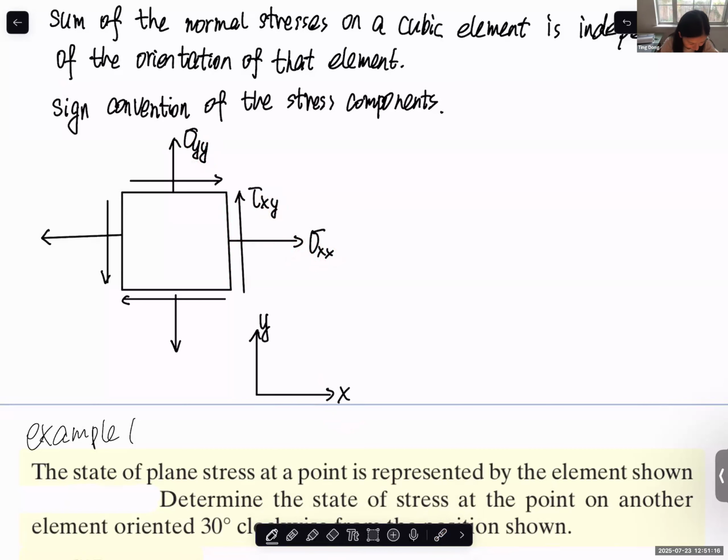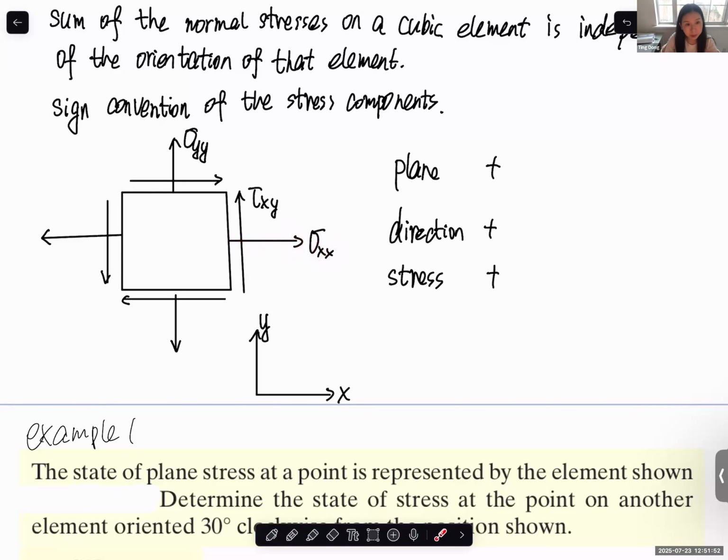And for the sign of the stress component, since it's a second order tensor, the first subscript is the plane, the second subscript is the direction. If it's on the positive plane in the positive direction, the stress should be positive. So this component is positive plane, positive direction, so this stress should be positive.